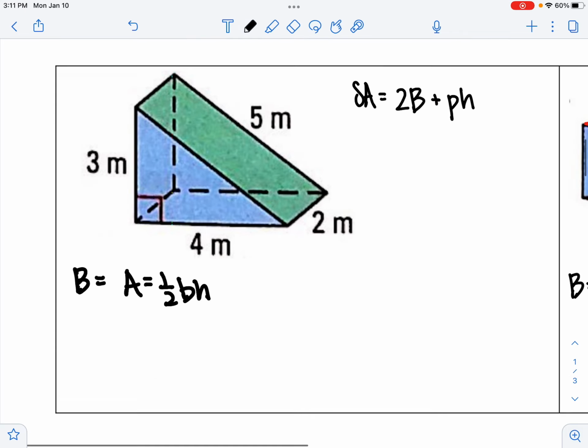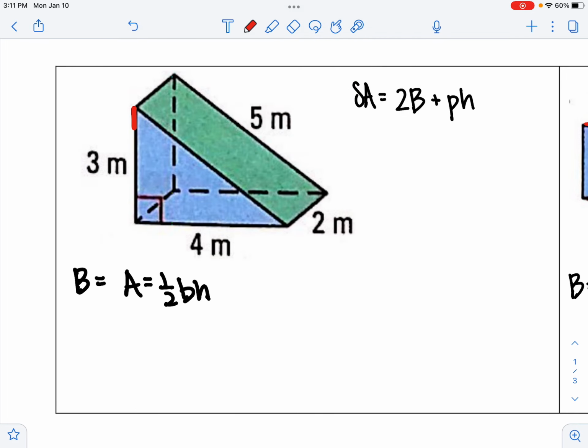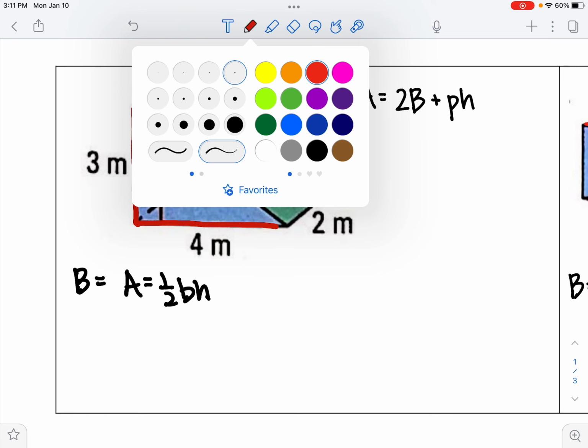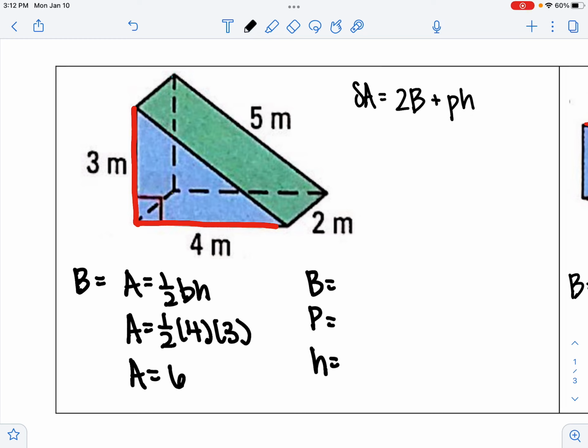If you look at this blue triangle right here, we have these two dimensions: the height is 3 and the base is 4. So I can find the area of that triangle by doing A equals 1/2 times 4 times 3, and that means my A is 6. So if I come straight down here, I know that my big B is 6.